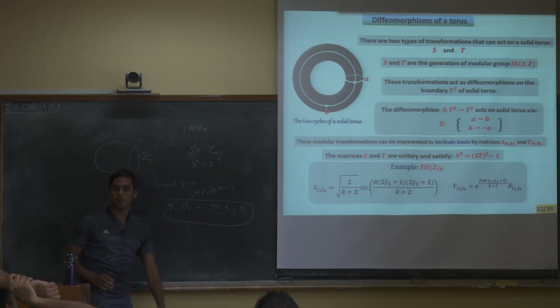Yeah. So what is the action of C on the representation? Because you're saying S squared is equal to C for the general rule. But then for SU(N), C becomes 1. Yes.